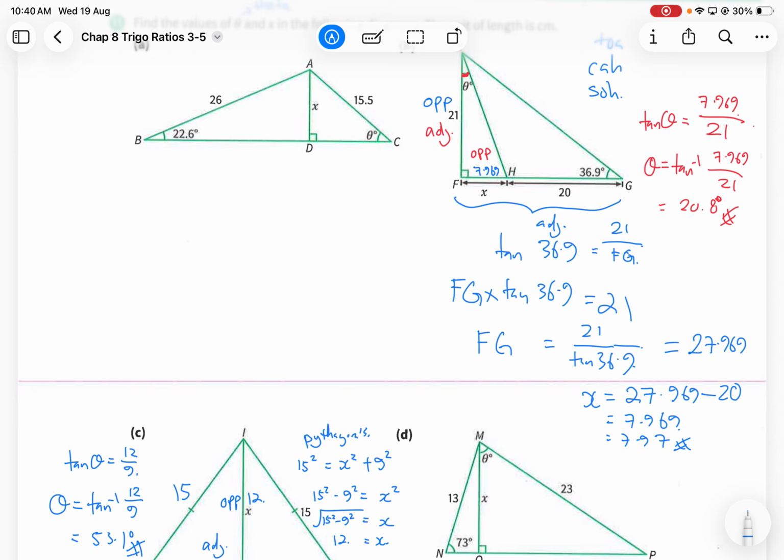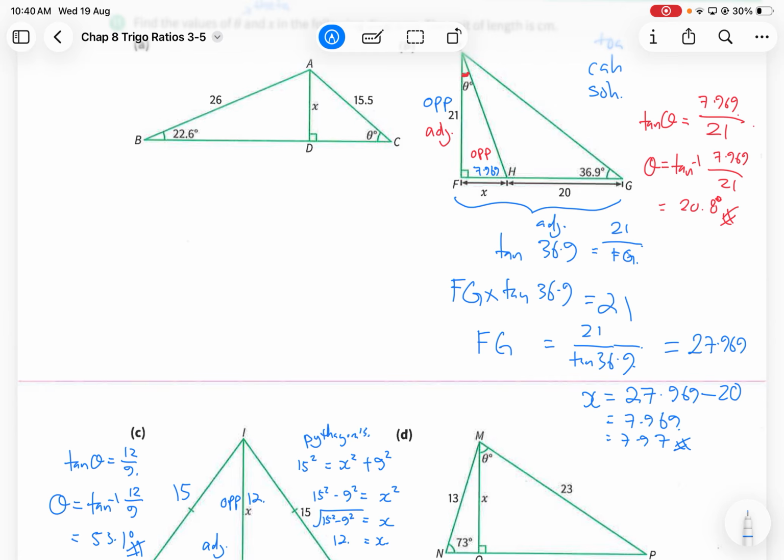How many decimal points? Decimal points. 9.91. Just put as 9.91. Or put 10. How many decimal points? This one decimal point. One decimal point, two decimal points. Then put what? 9.99. That's not a decimal point, that's the answer. There's no decimal point. Got decimal means got decimal point.